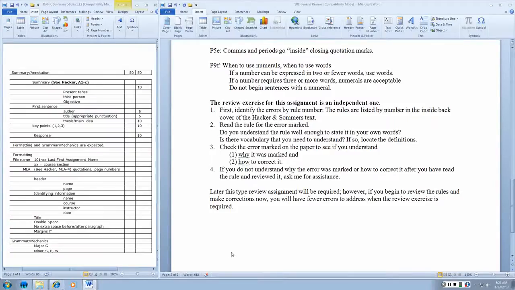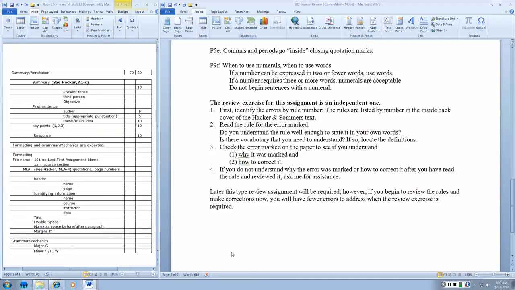When you do a review exercise, you are able to reclaim half of those points for an assignment. So it's to your advantage to review the rules now to determine what you're doing wrong. This is the best way to improve your ability to apply the rules.